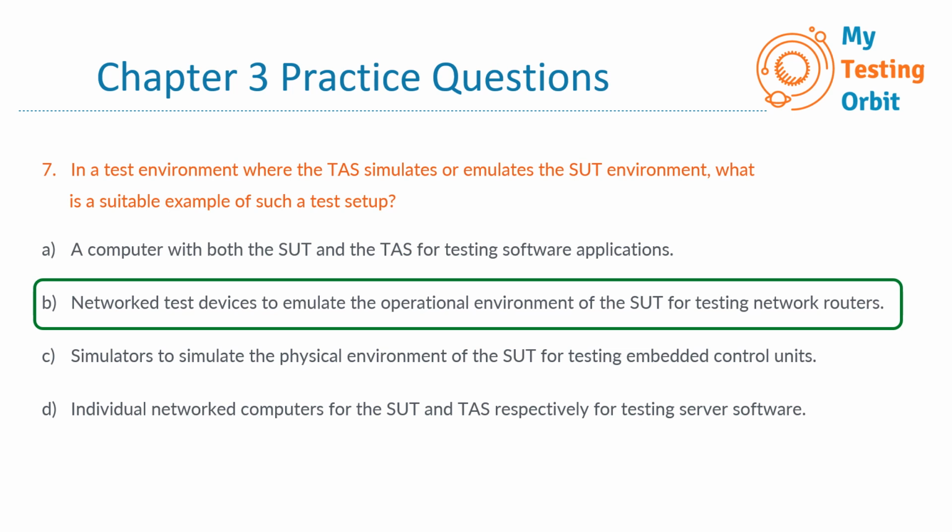This option is also valid, but it relates to testing embedded control units and their physical environment, not network routers. Option D, individual networked computers for the SUT and TAS respectively for testing server software. So this option does not specifically address the emulation of the SUT environment, and it is more suited for server software testing.